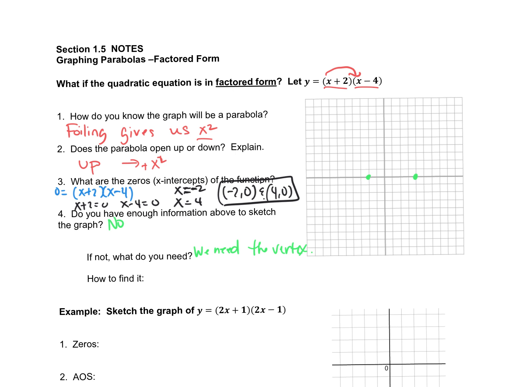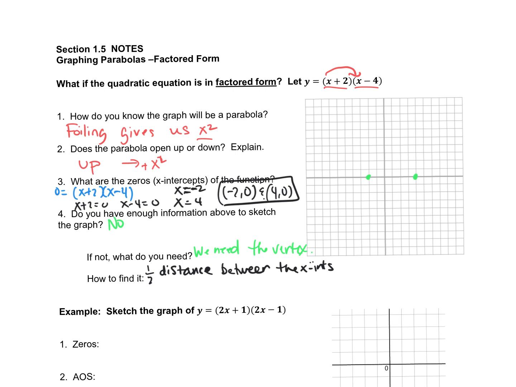So if we find half the distance between the x-intercepts.